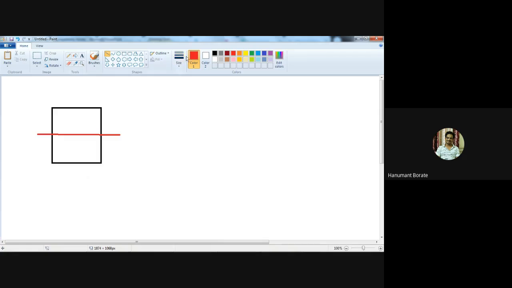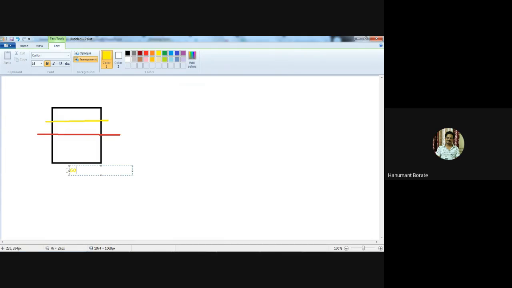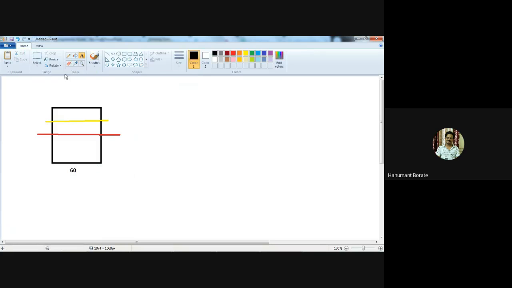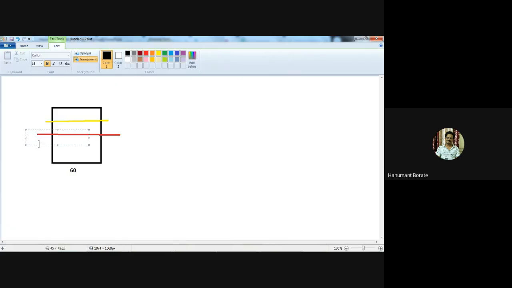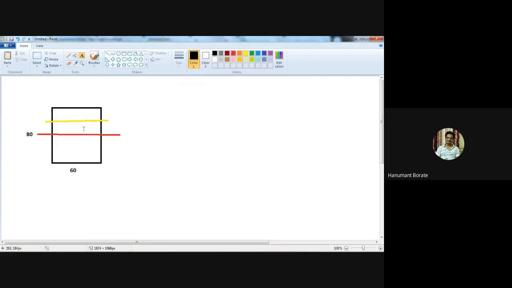Neutral axis, and then we need to find out the stress at 20 mm, inside the exact center. I will take a different line. This is 60, height is 80, and this is our section. Okay, I will take this diagram.